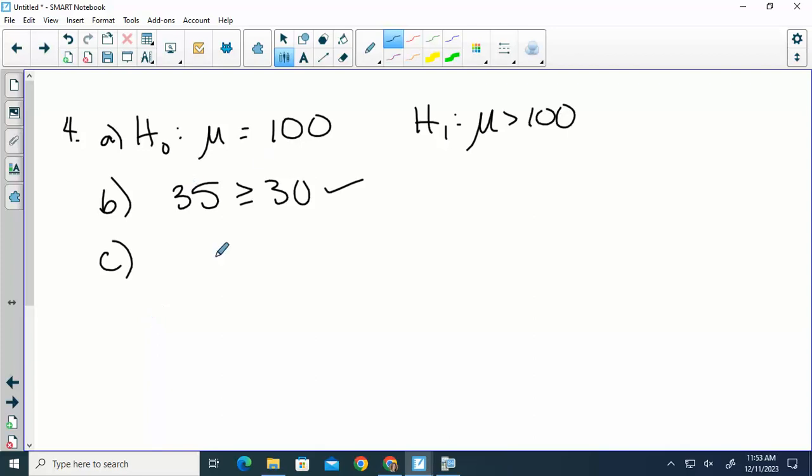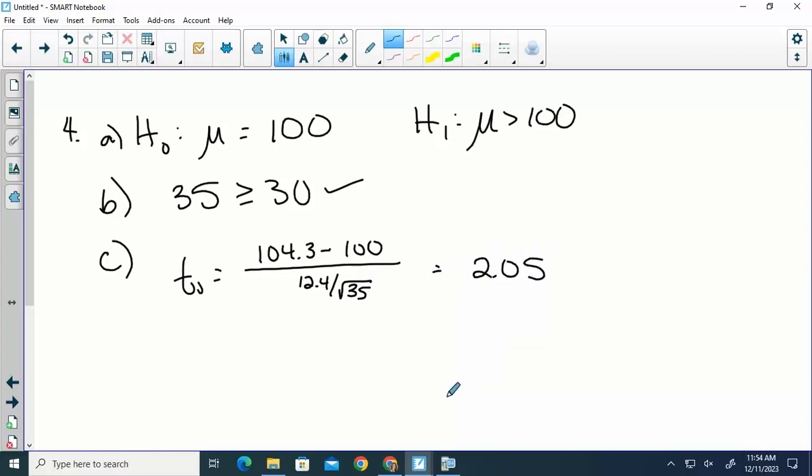So to calculate our t, it's the mean of our sample, which was 104.3, minus the mean of the null hypothesis, which is 100, divided by standard deviation of our sample, 12.4, over the square root of n, which we had 35. If you do that, you should get 2.05.